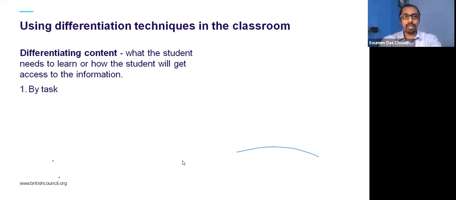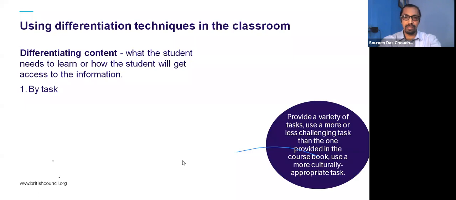And content can be differentiated by task, which, as you can read, means providing a variety of tasks, using a more or less challenging task than the one you already have in your course books, and a more culturally appropriate task. For example, you can't use role plays for everything, can you? It's only when a conversation is involved that it becomes more sensible and appropriate.